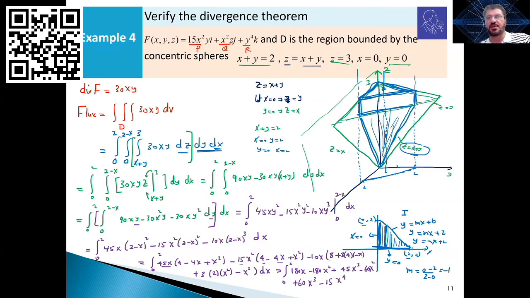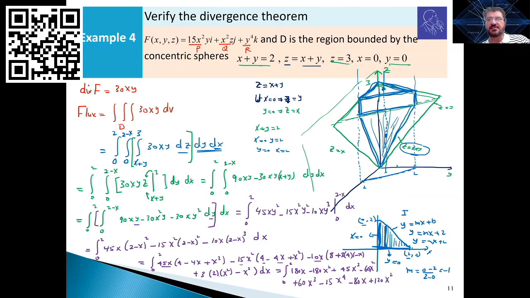Done with this one, let's go here. Wow. 10x times this, so minus 80x. Then minus 10 times this, so minus is plus. This is 12, so 120, so it's going to be plus 120x squared.